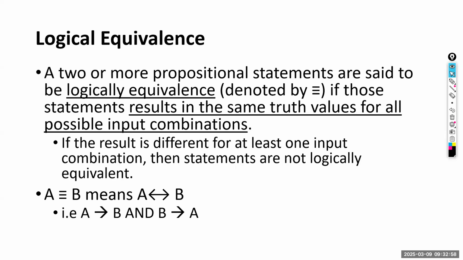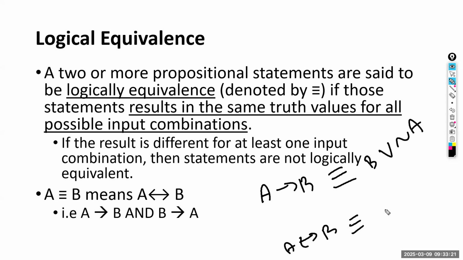For example, today itself we discussed two of those. One is A implies B, which is logically equivalent to B or not A. Similarly, A if and only if B is logically equivalent to A implies B and B implies A.